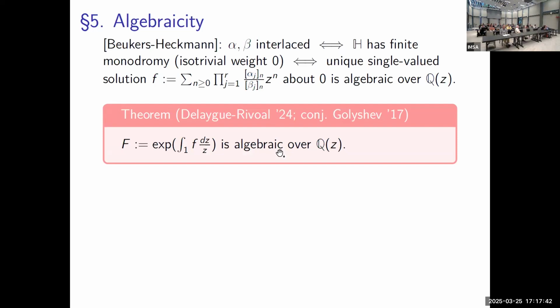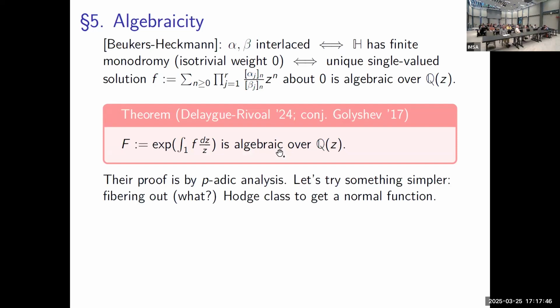And that was proved recently by Delaygue and Ribeiro using p-adic analysis. But it turns out there's something much simpler you can do.